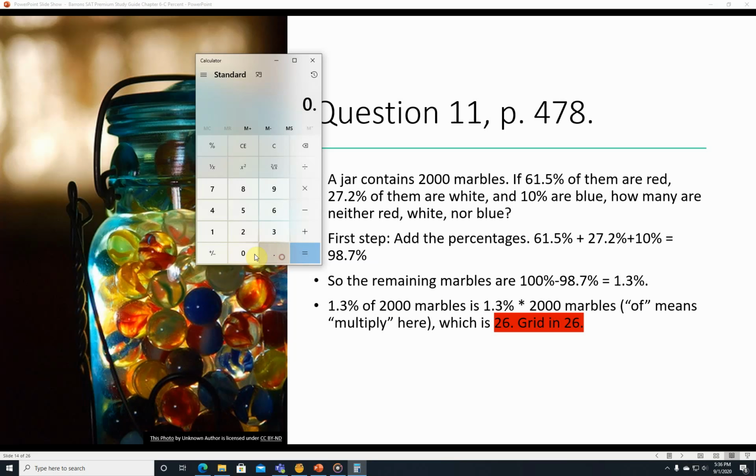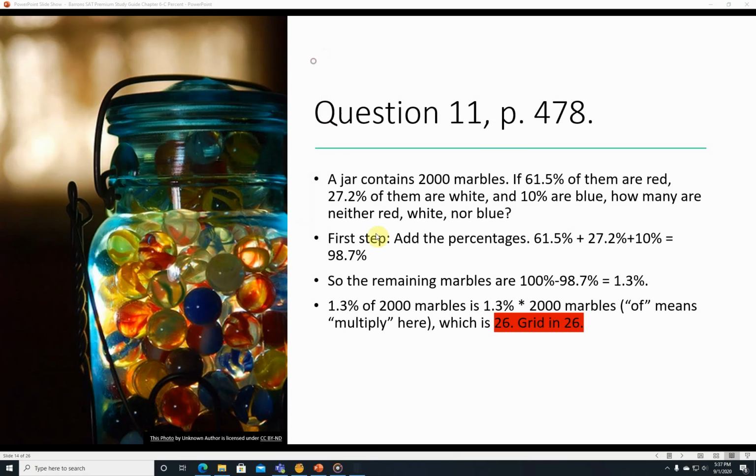Well, I'd probably write it out as 0.013, and then I'd say, okay, I want to move this over 3, so 1, 2, 3. So yeah, you just multiply it by 1,000, right? So that becomes 13 times 2, which is 26. All right, so you can do it with a calculator. You could easily do it by hand. It's not that hard either way.